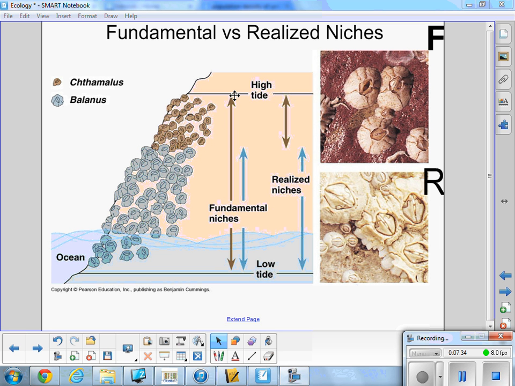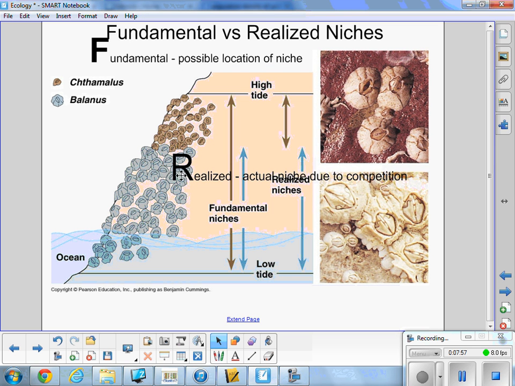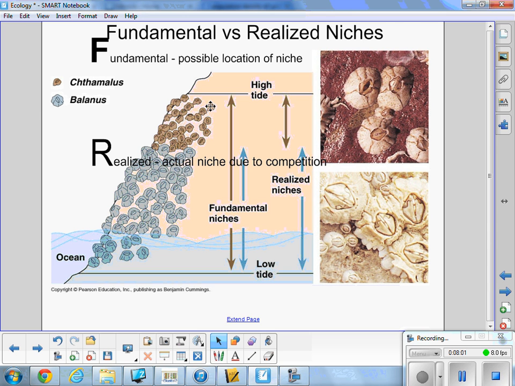However, the brown one has this huge fundamental niche, but its realized niche is really small. It doesn't have to compete against the blue barnacle up here. This was the brown one, this one's the blue one. So the fundamental niche is the possible location of the niche. The realized niche is the actual niche due to competition.